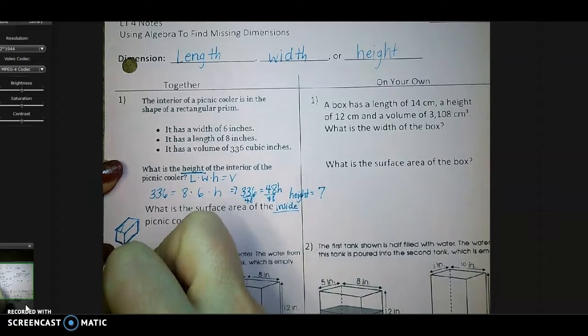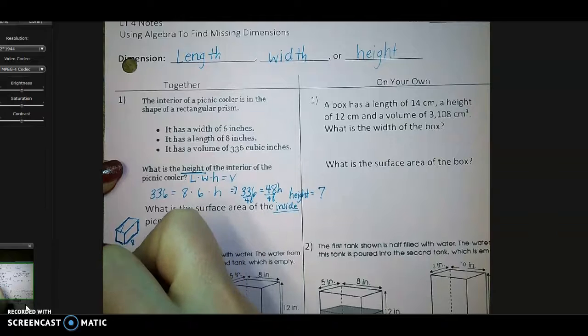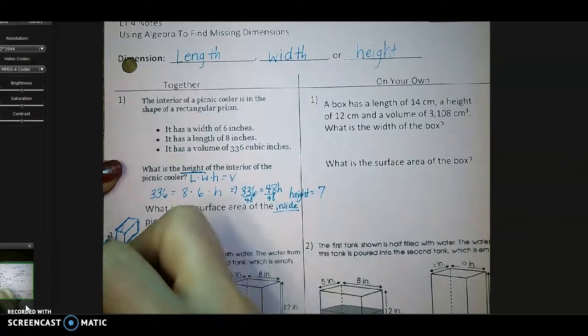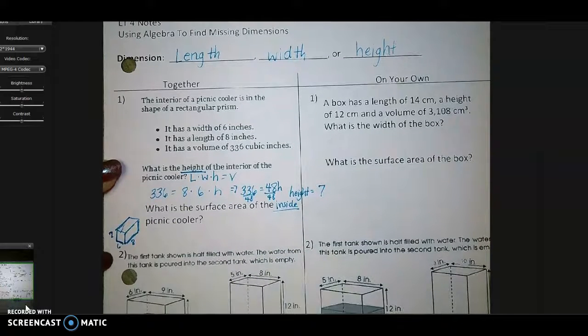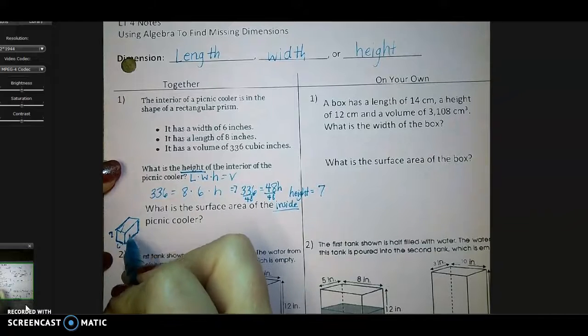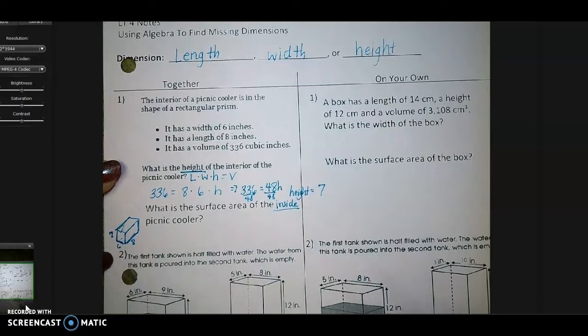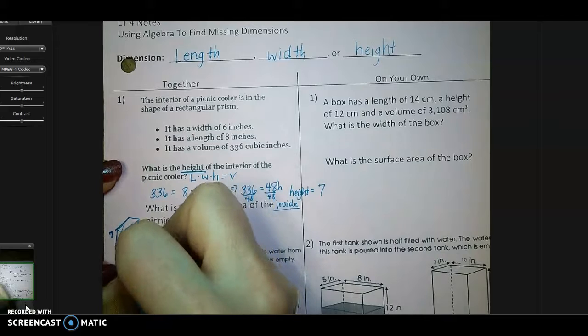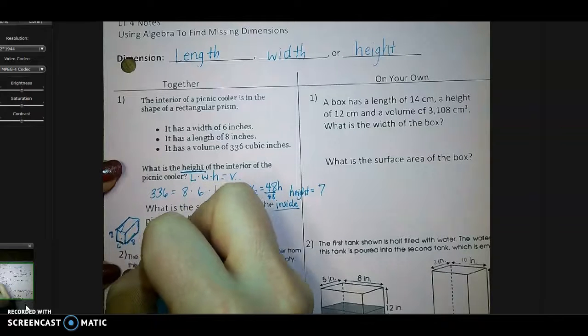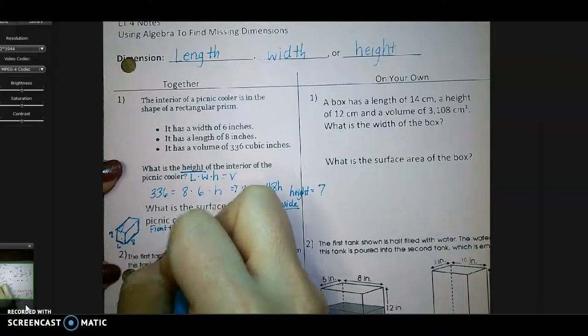And so we know that the length is 8, the width is 6, and the height is 7 now. So we are going to be doing a top and bottom, the two ends, and the front and the back there. Now the front and the back are going to be the same.